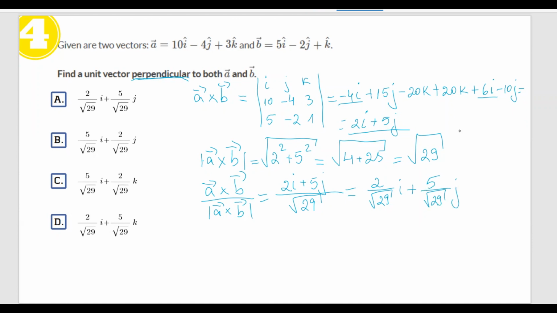Looking at the answers here, we have 2 over 29, 5 over 29. I see here right away, this is k, so make sure you look carefully at the exam when you pick your answer. So we don't have k at all. We only have j and i, so this is 5 over 29 i, so this is not right. The correct answer is A.